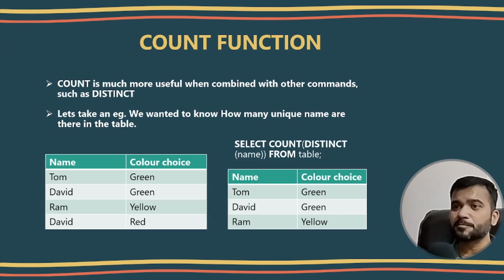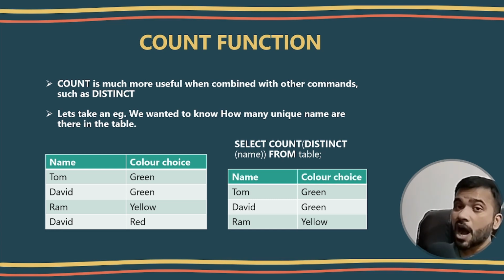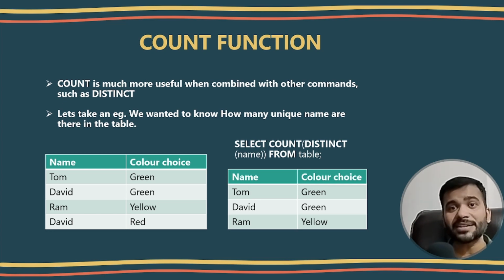Now count is much more useful when combined with other commands such as distinct. Let's take an example. We wanted to know how many unique names are there in the table. We have learned how count alone is useful, now let's understand how to use distinct and count together.